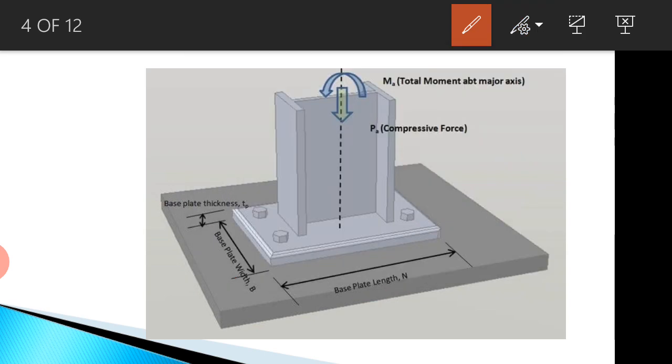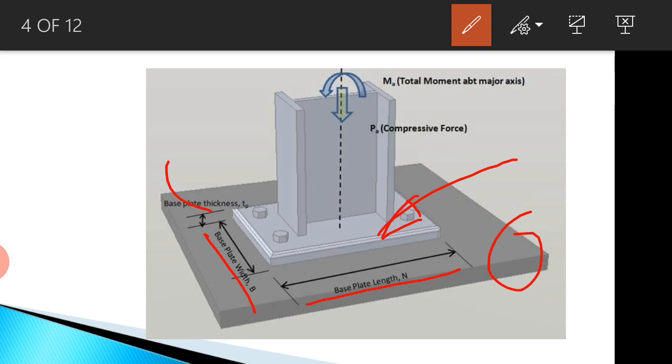Here we can see this is a base plate, and this is the width of the base plate and the length of the base plate, and here you can see the thickness of the base plate. That base plate is resting on the concrete pedestal.